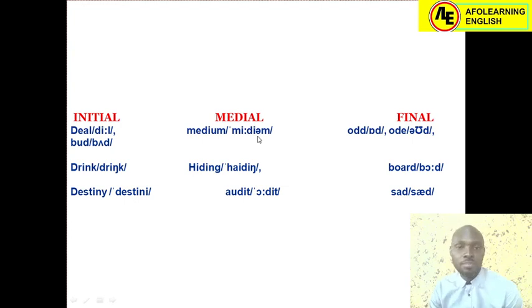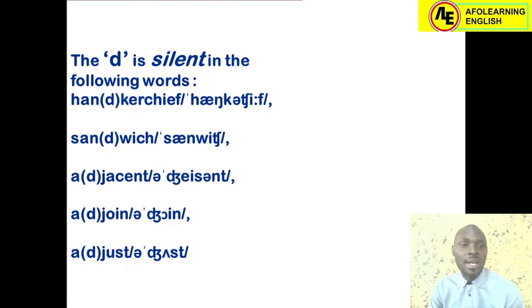Now let's look at where we can find silent letter D in English words. We have handkerchief. From the pronunciation of that word, you discover that letter D is not pronounced, it is silent. Sandwich.